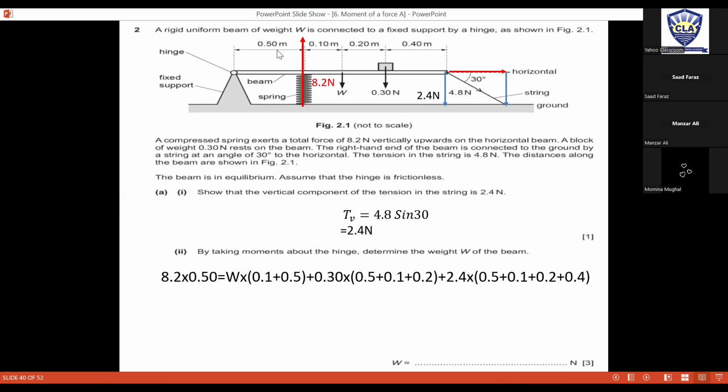F will be at 0.5, W will be at 0.6, 0.3 newton will be at 0.8, and similarly 2.4 will be at 1.2. Simplify that and you get the value of W. Individual distances are to be accurately calculated. So we have the value of W.